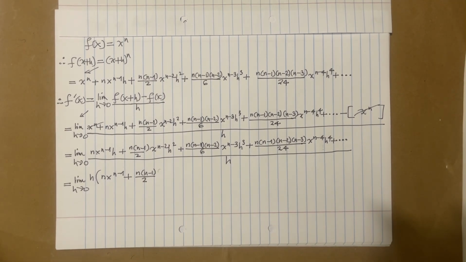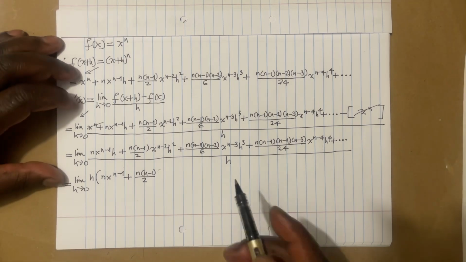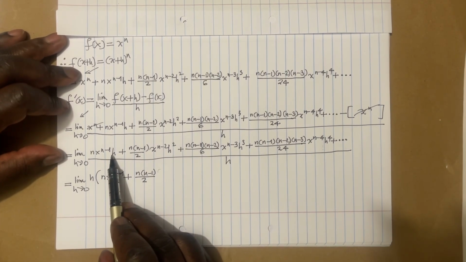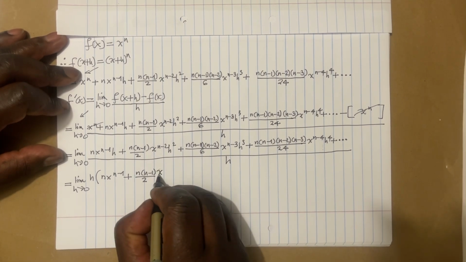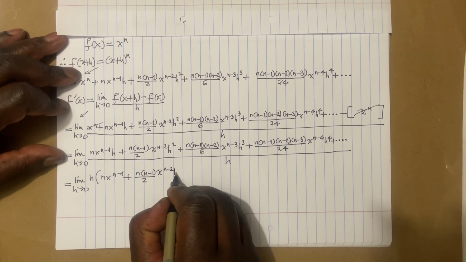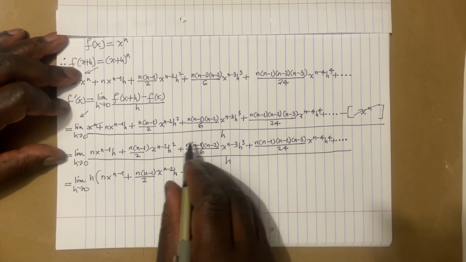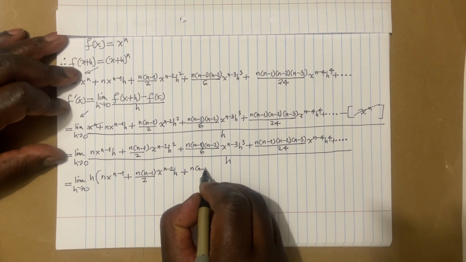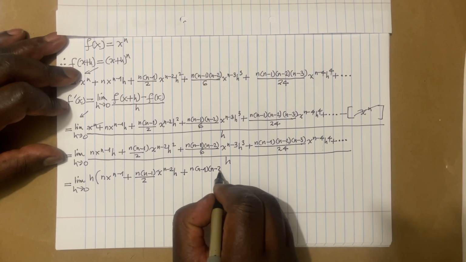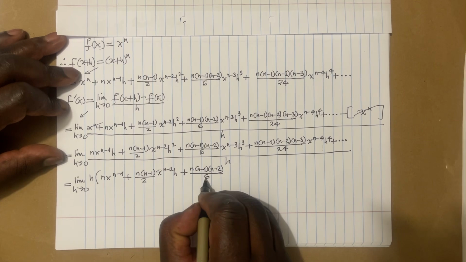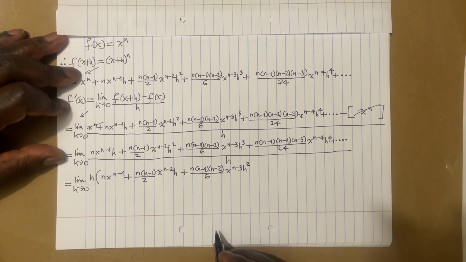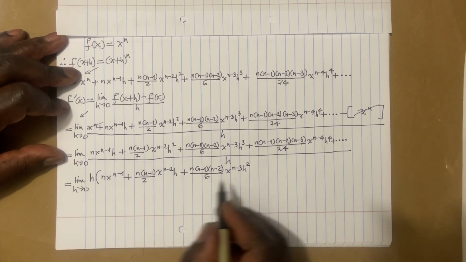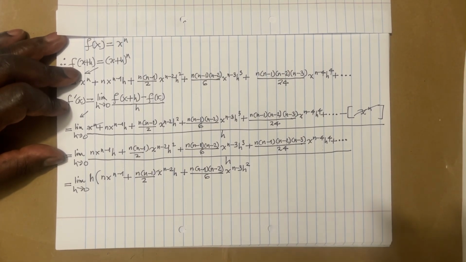All right, so now what do we have? What we have now is, remember now we are here, this h is gone, we have that one, which is this part here. Divide 1h here, you are left with 1h. So now you have x power n minus 2 h only, plus it will be n minus 1, n minus 2 all over 6 x power n minus 3, and now h is going to be power 2 because we divided 1h out and we're left with h power 2.